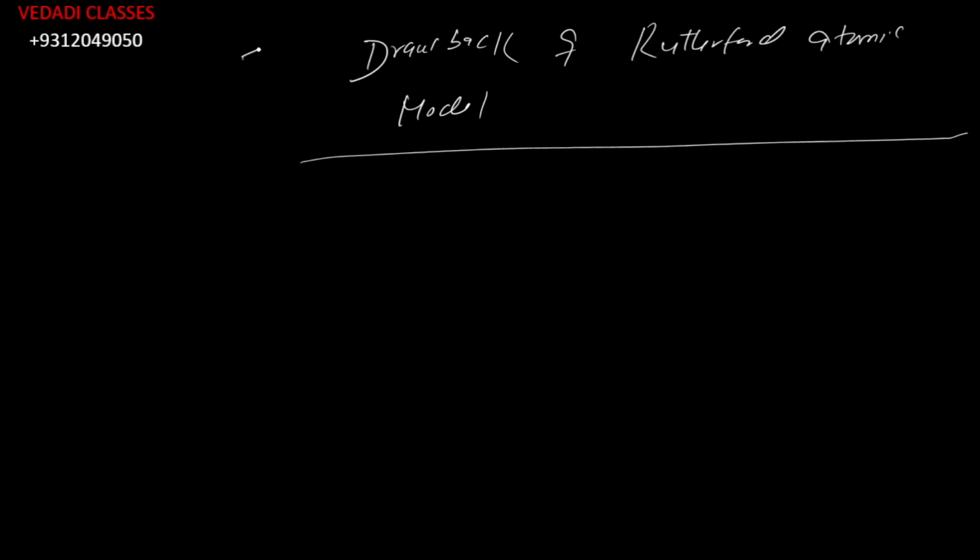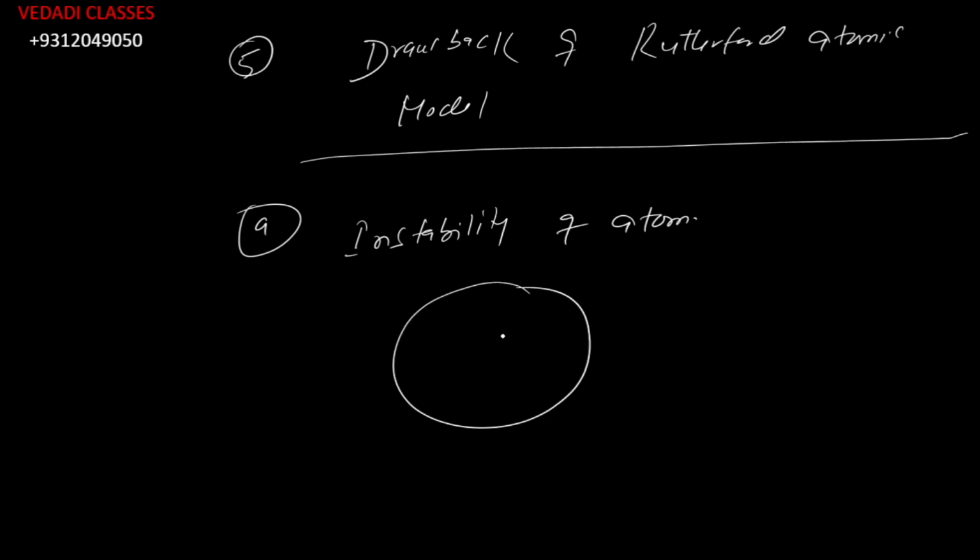So what are the drawbacks of Rutherford? This is the first drawback: the instability of the atom. What is the meaning of instability of the atom? Have a look here. Simply, we can understand this concept like this.